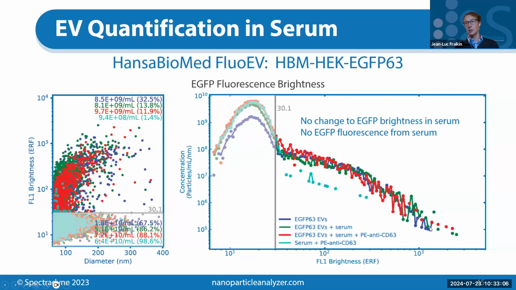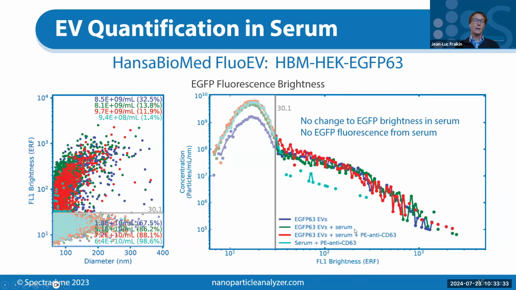So this distribution looks the same whether the particles are by themselves in blue, or whether they're in the serum in green, or whether they've been immunostained with the PE anti-CD63, and that's in red. Again, the concentration of fluorescent particles in the green channel in the serum-only sample is essentially 0, right? It's far below the concentration of the other ones, and this is in the noise, right?